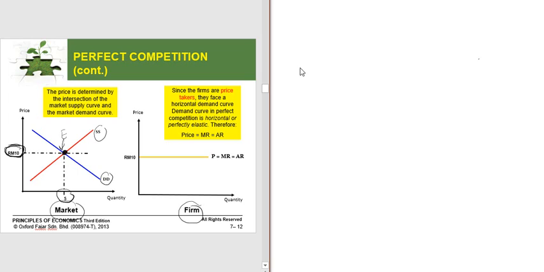So what it means here is that all the sellers in the market, all the individual firms in the market, must sell this product at RM 10 ringgit.